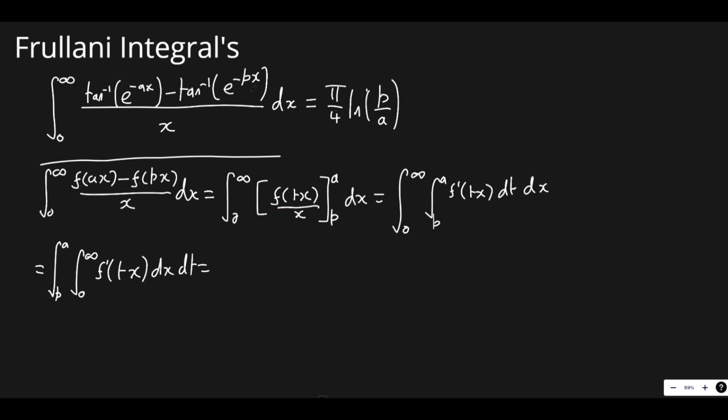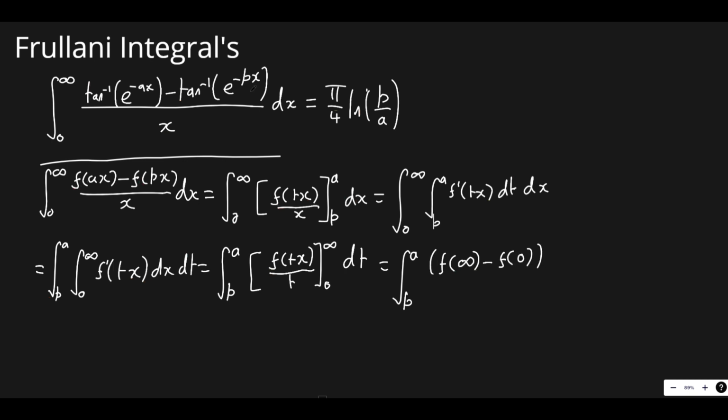Okay, well, integrating this, we get pretty much the exact same thing. But this time we're evaluating f of tx, and our division is t because we integrate with respect to x. Putting in infinity and 0, this t is just going to disappear. It doesn't really matter what value this is going to be. So we're going to get f of infinity minus f of 0, divided by t dt.